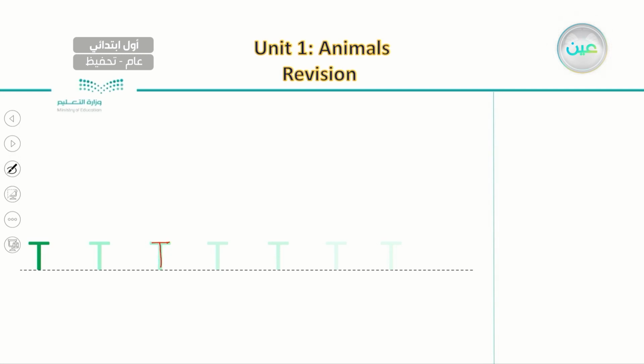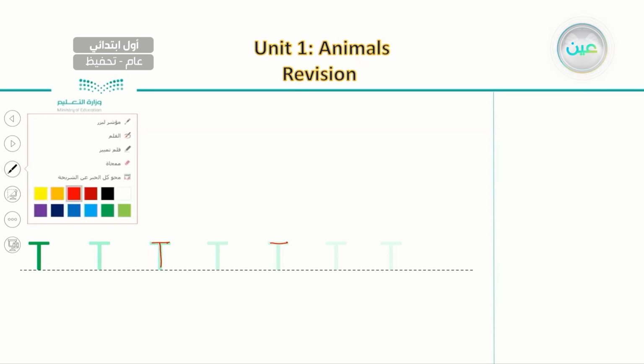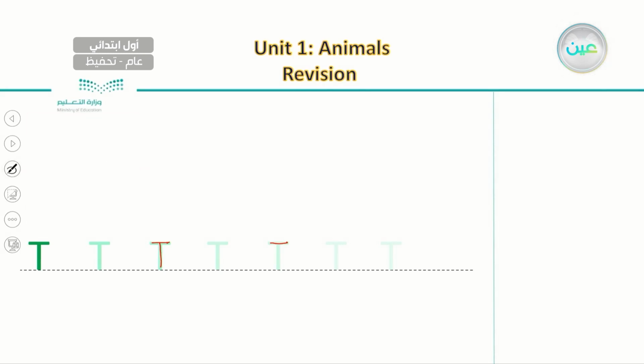After tracing them several times, at the end we copied them on our own, and this will help us to have better writing when we trace and write these letters.